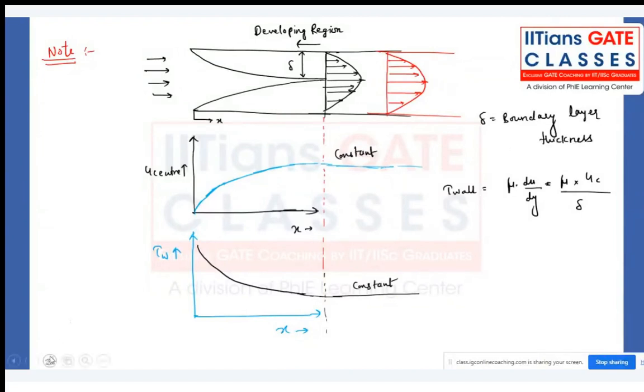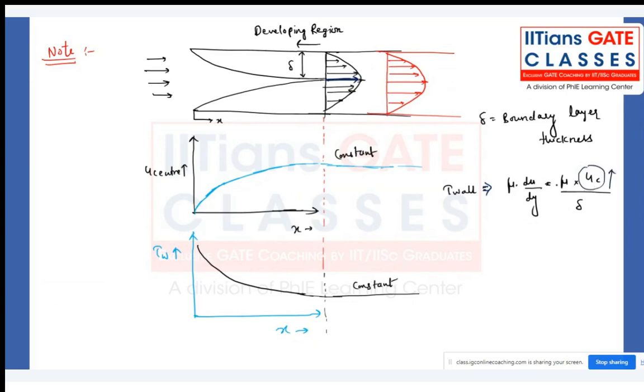And what you are observing from here is that the wall shear stress we can write as mu into du by dy, that is mu into uc, the center line velocity, divided by delta. But why does the wall shear stress start decreasing? Because center line velocity is increasing, but delta is also increasing.